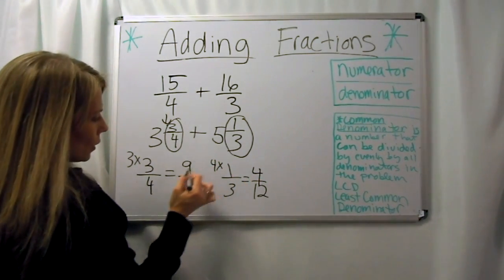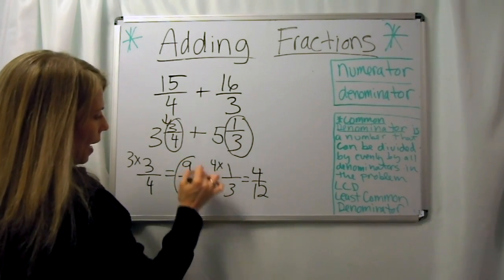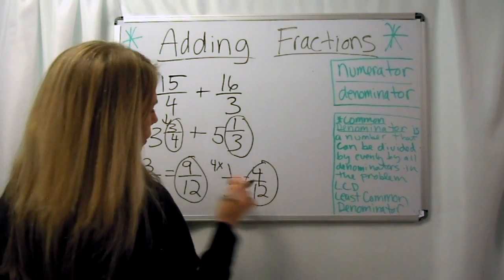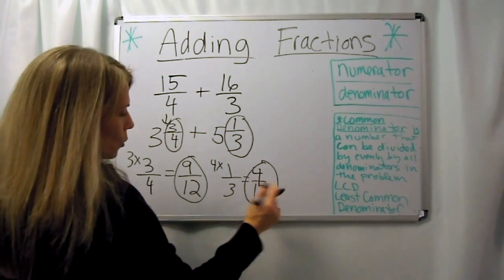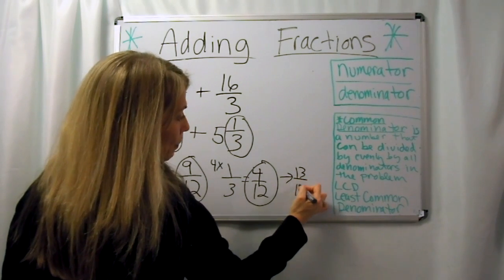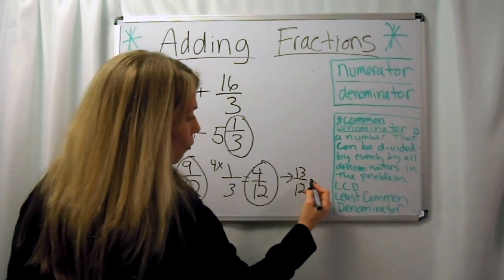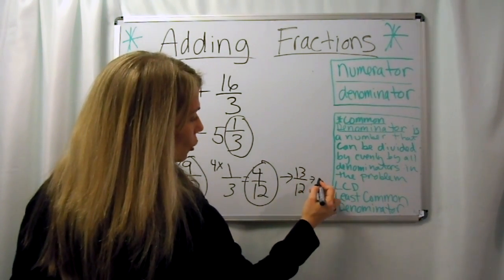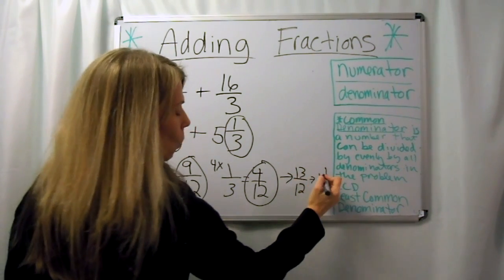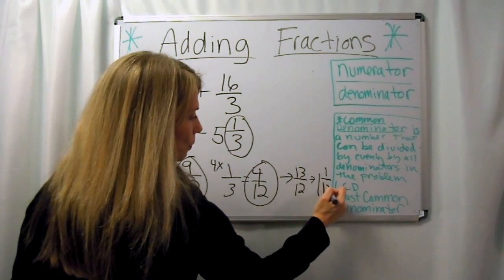So now I'm adding 9/12 and 4/12, okay? So 9/12 and 4/12 is going to give me 13/12, which happens to be another improper fraction, which I'm going to change to 1 and 1/12.